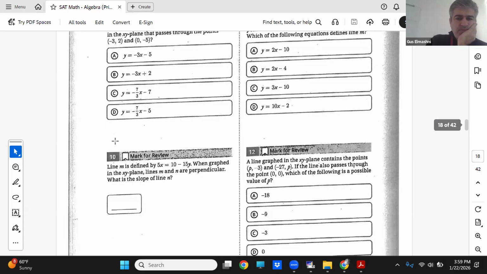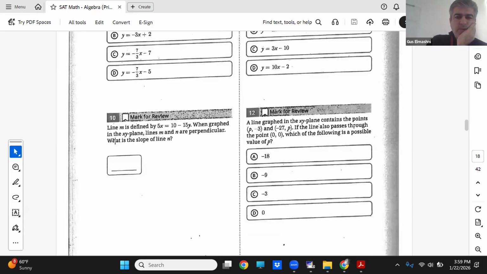We can look at maybe 12. 12 is good. Okay. So a line graph in the XY plane contains those points. If the line passes through the point 0, 0, which of the following is a possible value of P? Okay. So you need to make sure all 3 of these points lie on the same line.